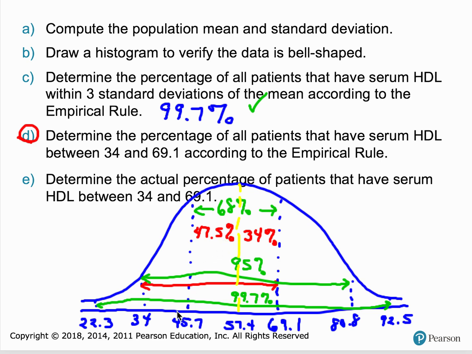So if I do have the two specific values that go with the empirical rule, I can just look at it and say, oh, 68%, ooh, 99.7, right? But if I don't, I've got to break it down and do some calculating. So now I know that this piece is 47.5% because it's half of the 95, right?